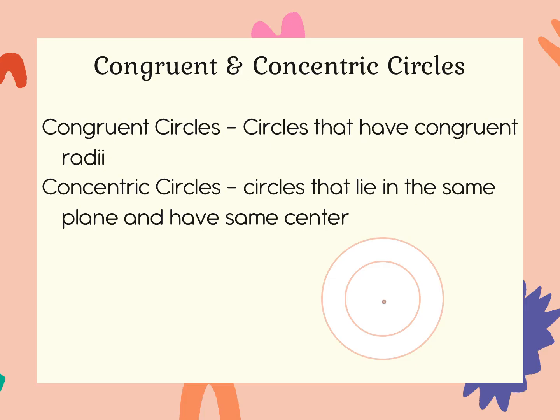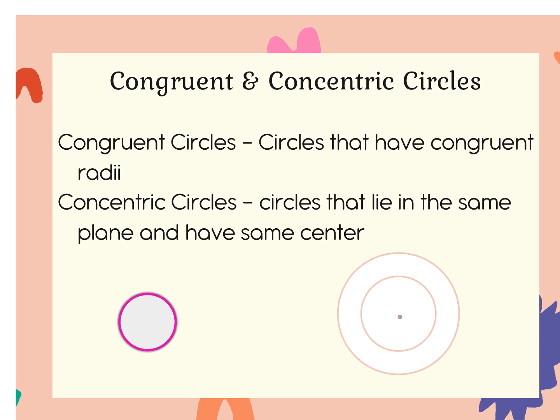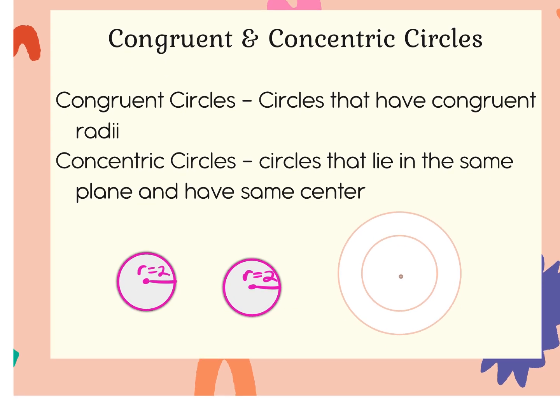We're going to define congruent and concentric circles. So congruent circles are just circles that have congruent radii. So for example, I could have two circles that are just sitting side by side. And as long as they're both labeled with a radius of the same length, you can say that these two circles are congruent.